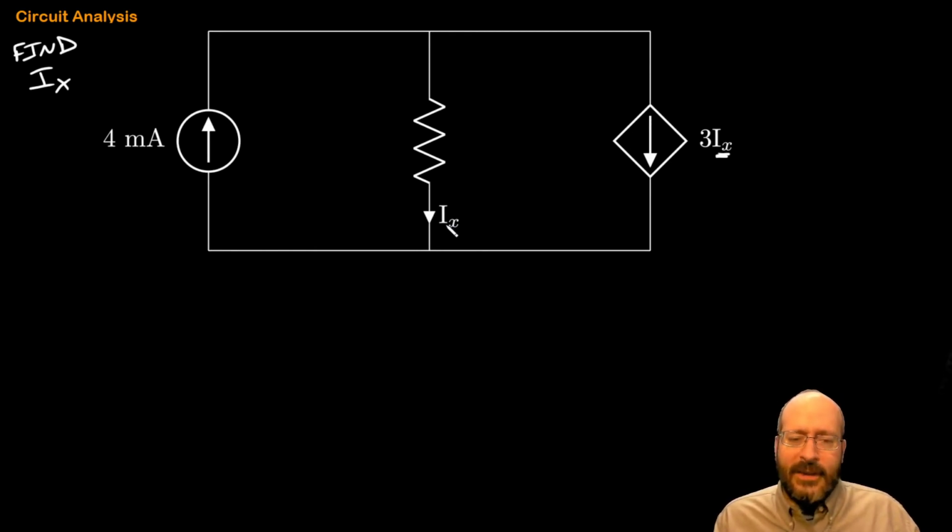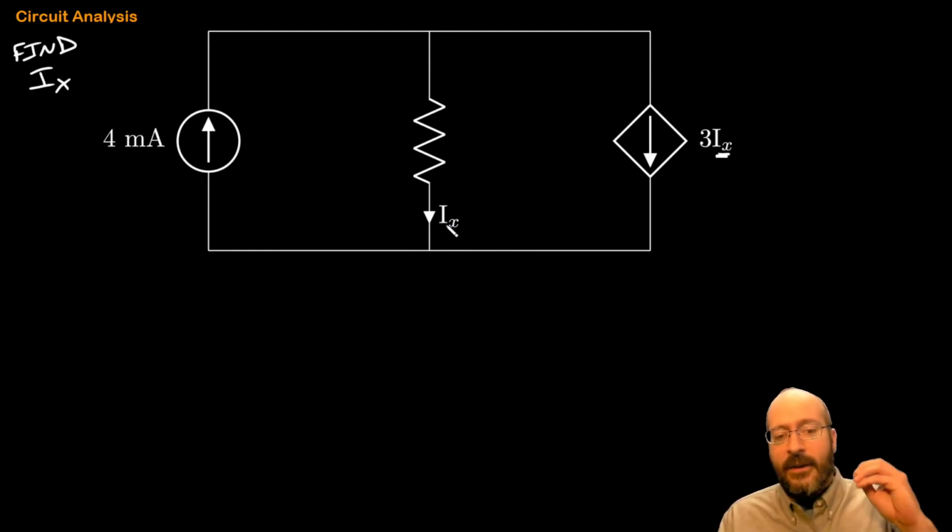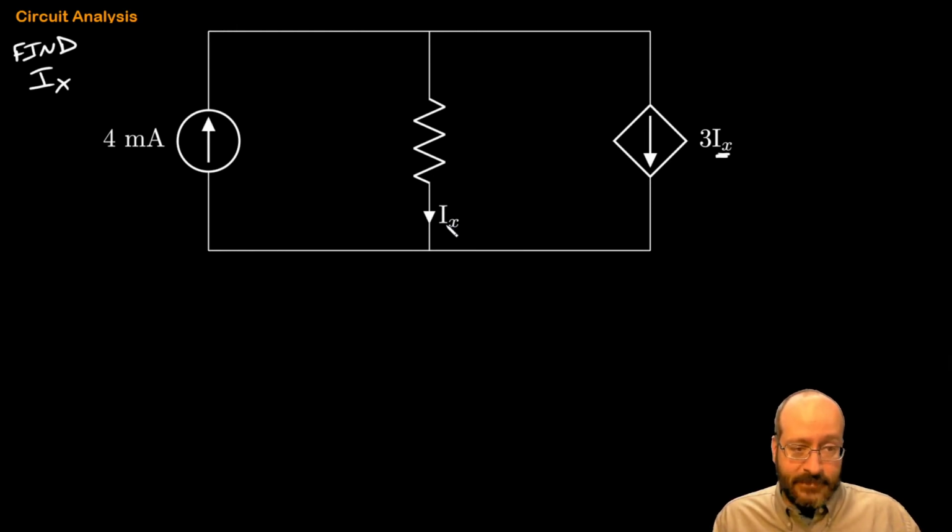So Ohm's law seems like it won't work. I'm looking for a current, so I'm probably not going to use KVL, because in KVL everything has to be a voltage. There's only one voltage in this circuit. So if I want a current, that leaves me with KCL.